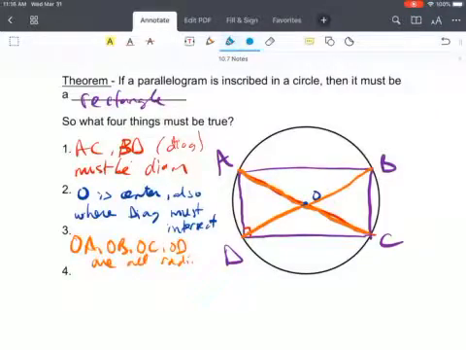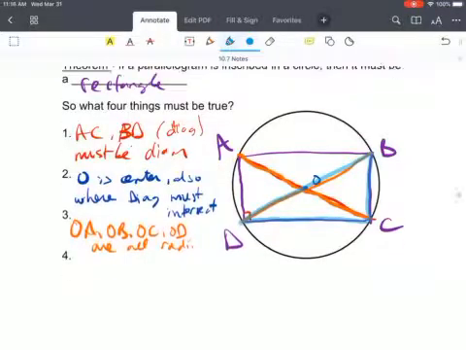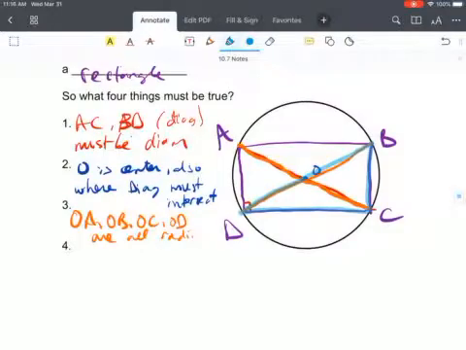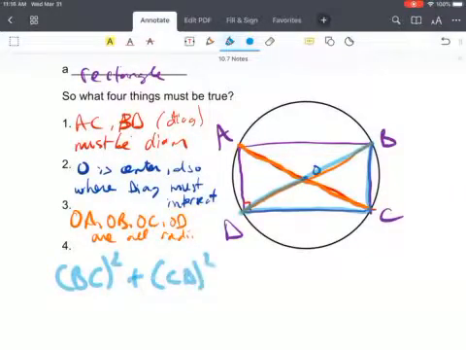And then we have our right triangle knowledge with the fact that this has to be a right triangle, BCD. Then we have our right triangle properties, which means we could use the Pythagorean theorem to say that a squared plus b squared equals c squared. It just happens to be the diameter as well.